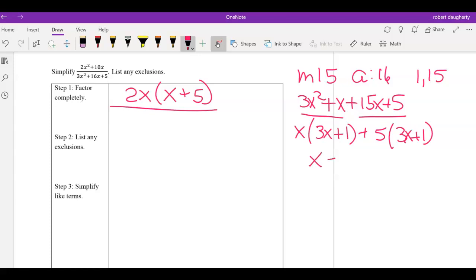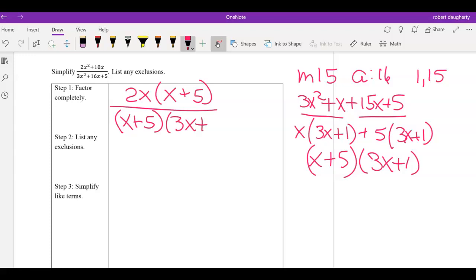So I'm left with x plus 5 times 3x plus 1. So the denominator is x plus 5 times 3x plus 1. Now what are my exclusions?